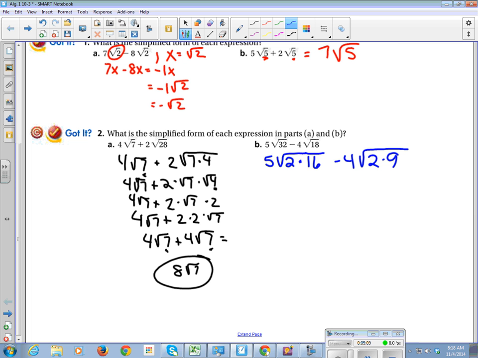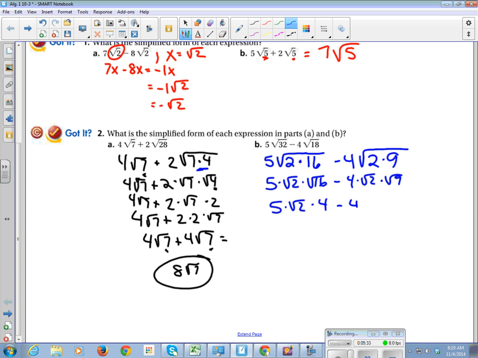So now I can do the same thing that I did over here, and I go 5 times root 2 times square root of 16 minus 4 times root 2 times root 9. Simplify these out. 5 times 2 times 4, because the square root of 16 is 4.